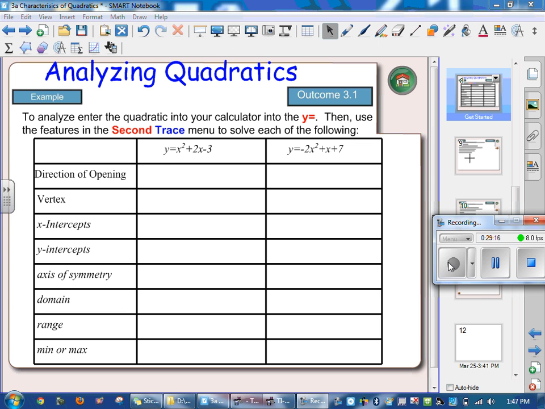If it is positive, what direction is it going to go? Up. If it's negative, what's it going to do? Down. Good. So this guy's going to go up because there's a positive in front of x squared, and this guy's negative, so he's going to go down. Vertex we can't find yet because we need our calculators for that.